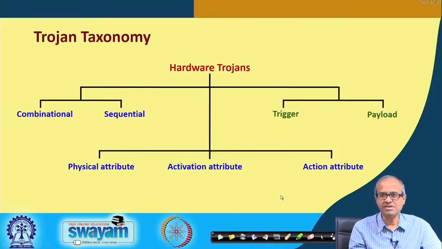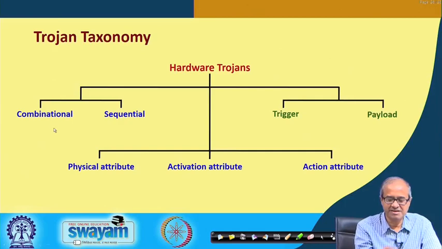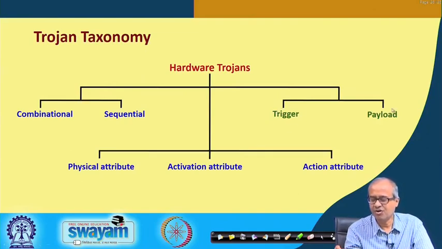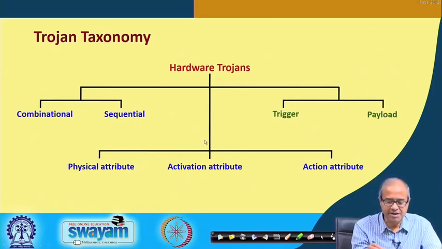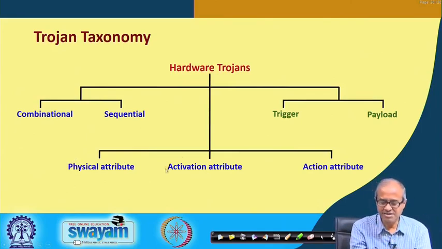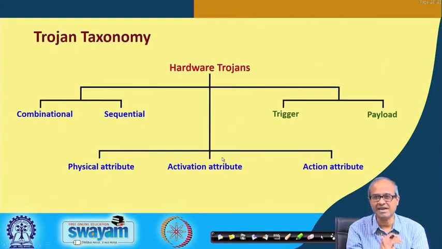So, talking about Trojans, there are many different types of Trojans: combinational, sequential, this is one category. There is another way of classifying Trojans: what is the trigger condition, what is the payload. And another way to look at it is the physical attribute, how it looks like, the activation attribute, when does it get activated, and the action attribute, what is the action.